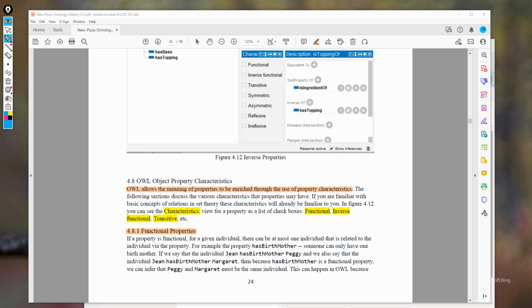Now, the functional property, I'll just give you an example. Let's say Jean has a birth mother, Peggy. So let's draw the diagram. Here's Jean. Jean has the birth mother, so this is an object property, hasBirthMother, and Peggy.